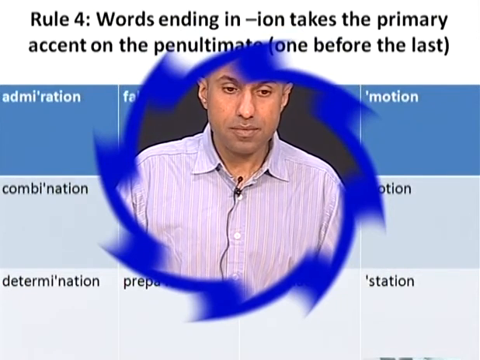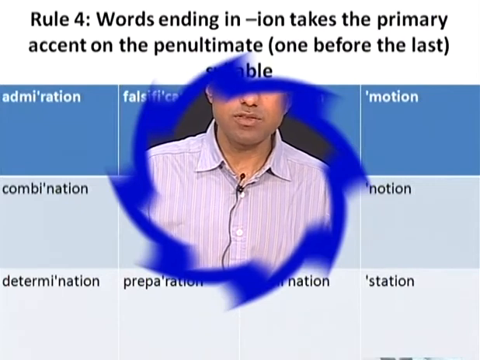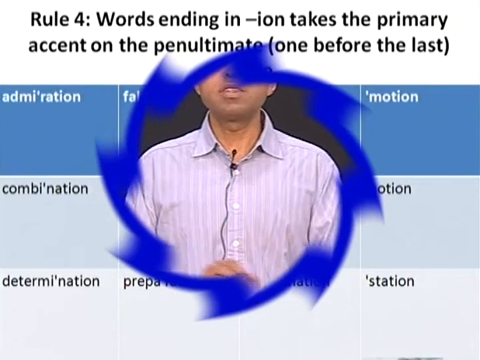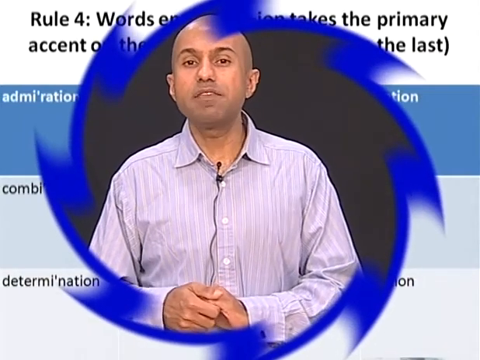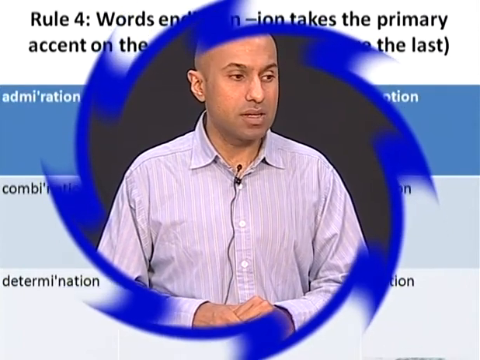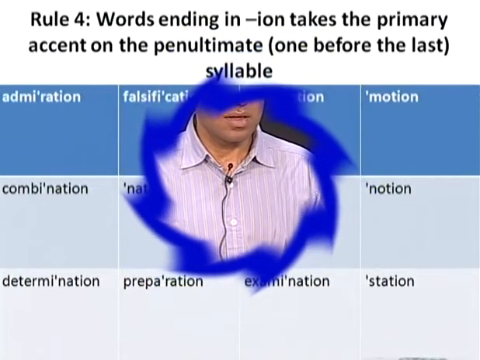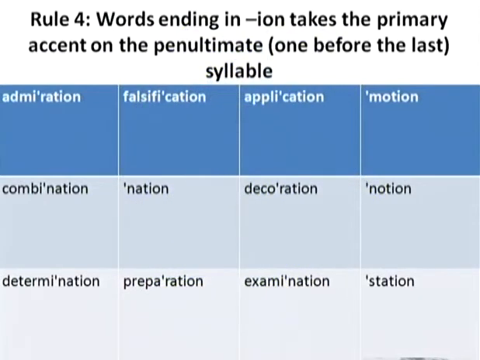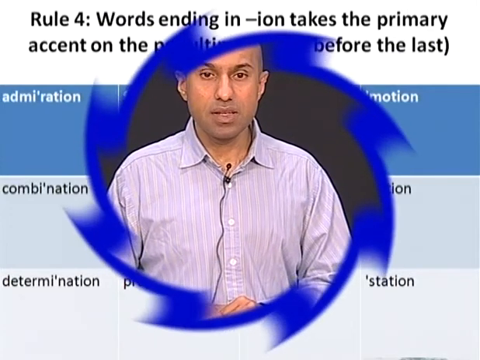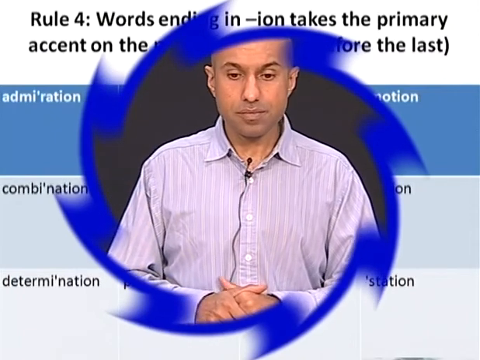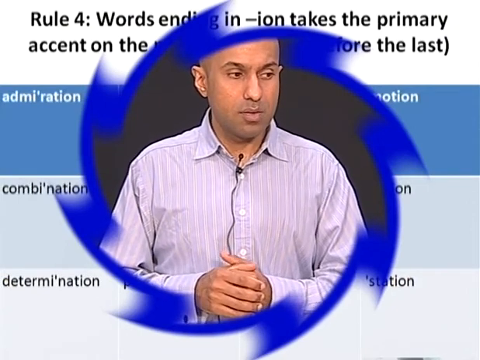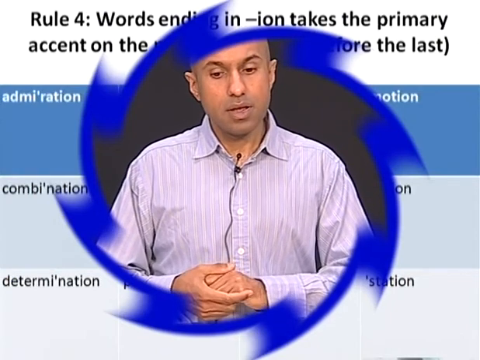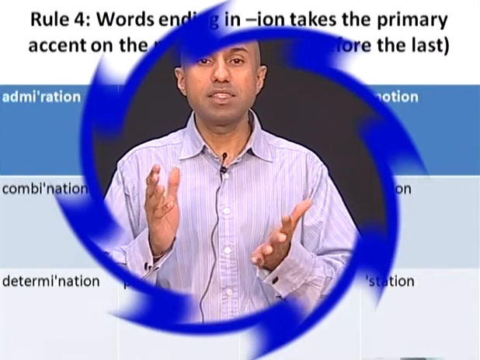So when we have a penultimate syllable and the words ending in ion, like in admiration, you hear where the accent or the stress of the word is. Admiration, falsification, application, motion, combination, nation, decoration, notion, determination, preparation, examination, and station.